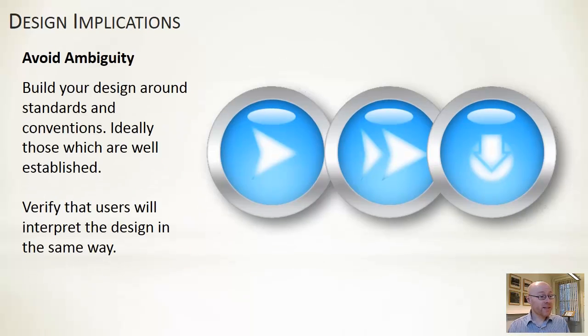A few common ways. First one, avoid anything that's sort of ambiguous within the design. There are a number of standards or conventions for user interface design, sort of platform specific and ones in general. You want to adhere to those.